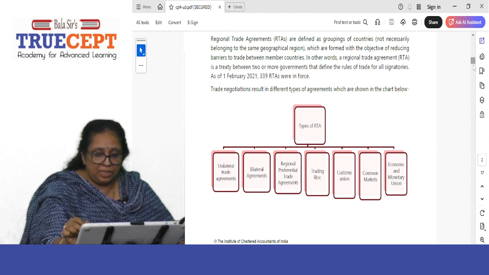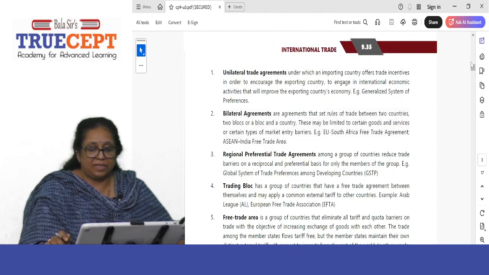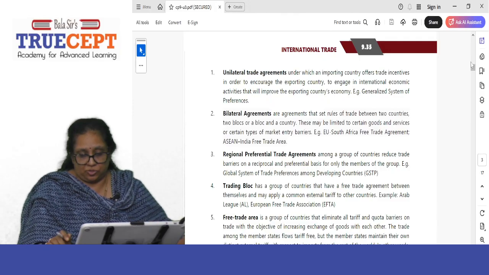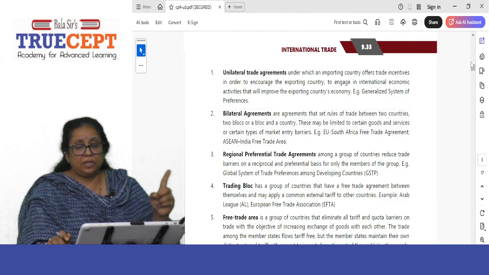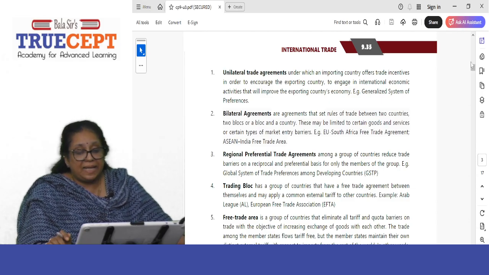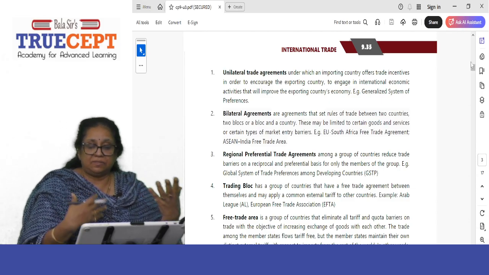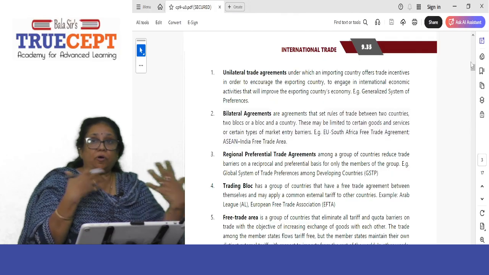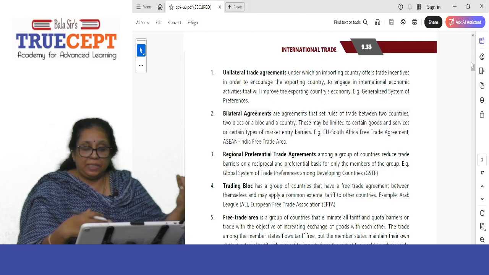A unilateral trade agreement is one where a country has a trade agreement with another country. The importing country offers trade incentives to encourage the exporting country. Bilateral trade agreements, as the name itself says, are between two countries, two blocks, or between one block and a country, like between the EU and India.